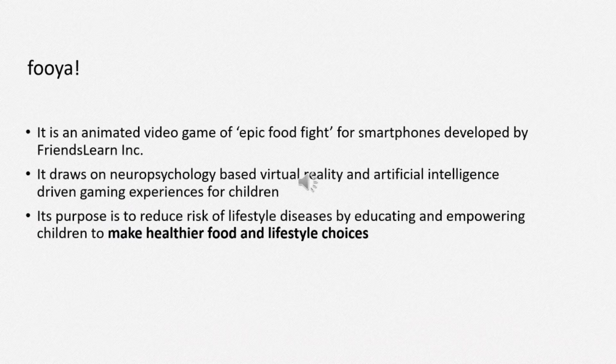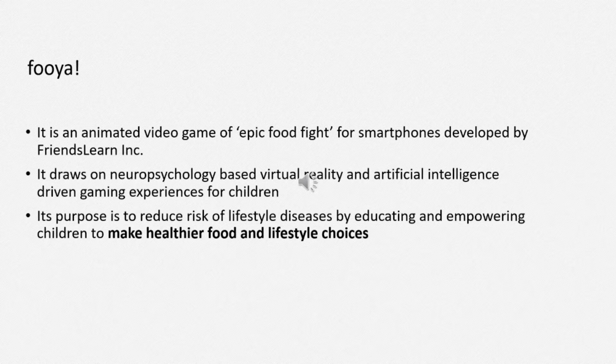And we developed it at Friends Learn, and it's really based on neuroscience and neuroplasticity and neurocognitive training, which we're able to induce using immersive technology, virtual reality technology delivered on a mobile device, and really powered on the back end in terms of what content gets shown and how it gets shown, and the patterns with which this virtual reality experience is dynamically configured is powered by a neural network.